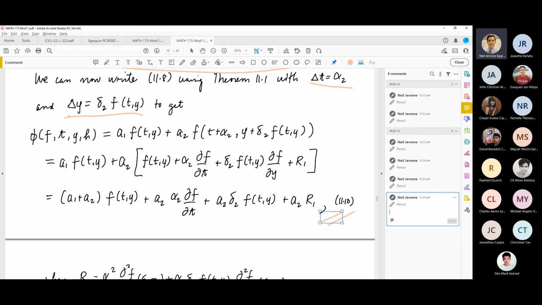I'll get this guy in simplified expression. Okay? Now, in equation 11.10, the factor R1 in the last term represents the error.